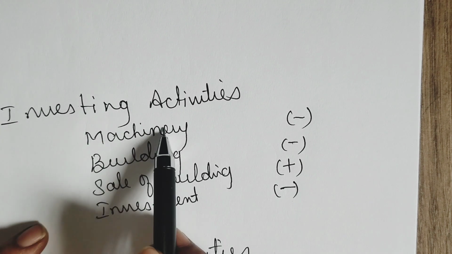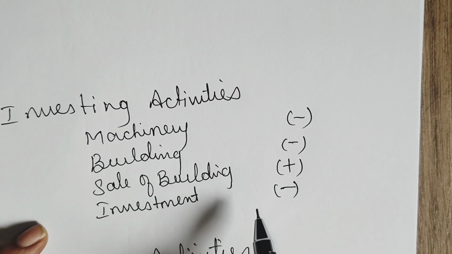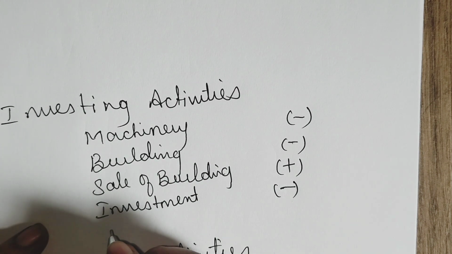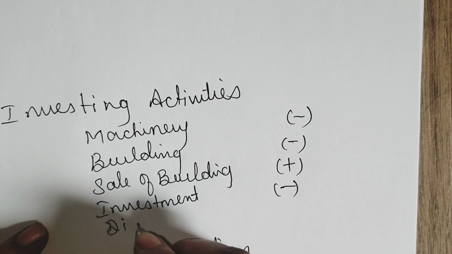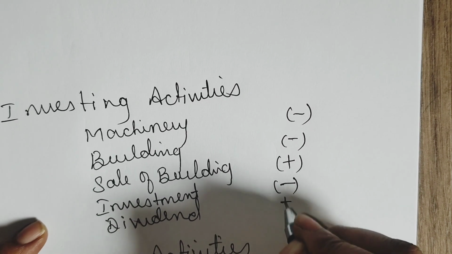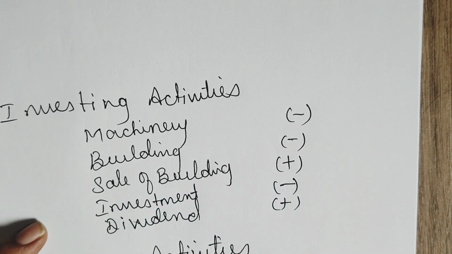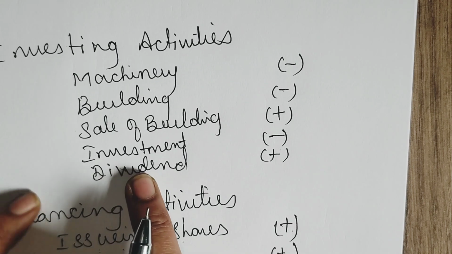All fixed asset purchase minus, investment sales add. Investment dividend: for the investment you have made, you will receive dividend. Dividend, add, because here you are receiving, whereas there you are making payment to the shareholders. Here you are also a shareholder.